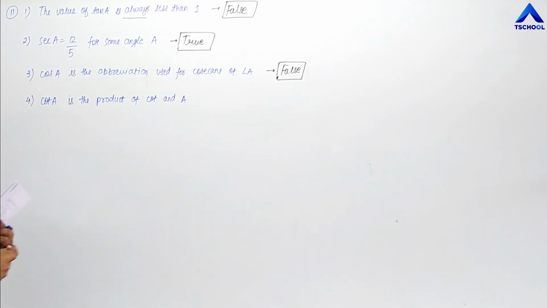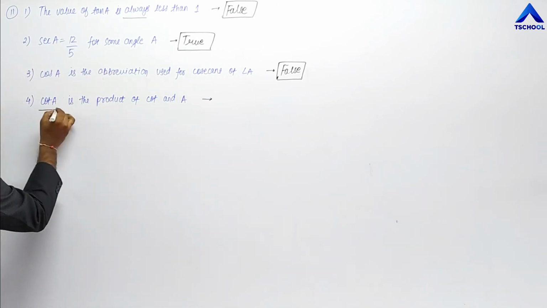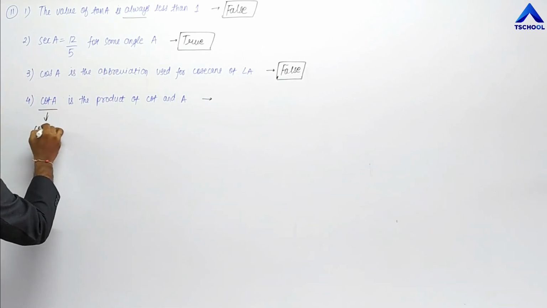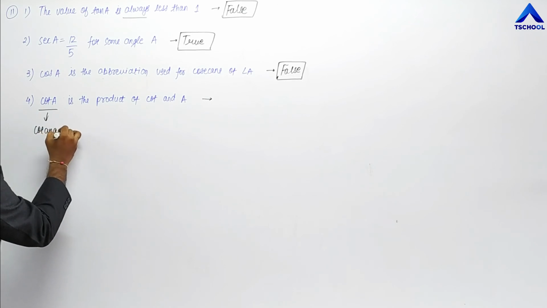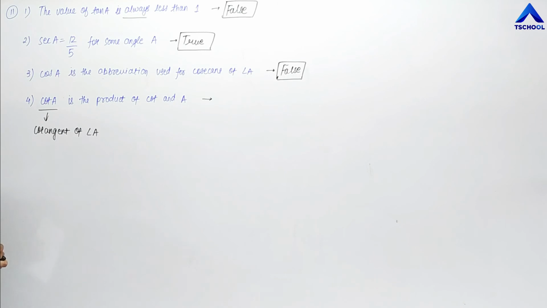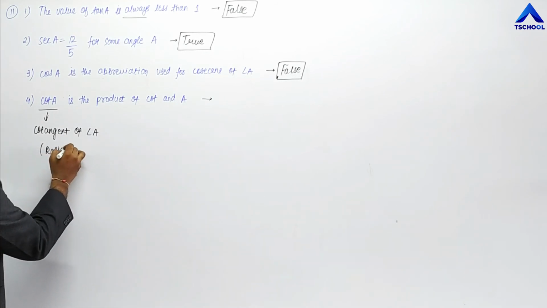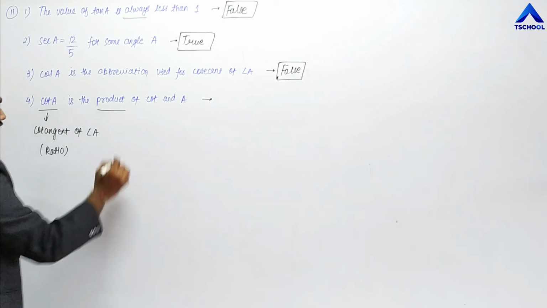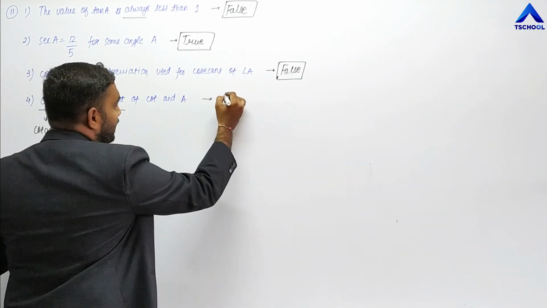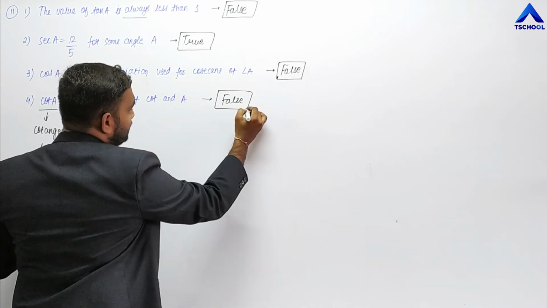Friends, no, that is not the product of cot and A. In fact, this cot is represented as cotangent of angle A, which gives us the ratio. It will not give us the product, and hence the statement is again false. Right? It is not the product.